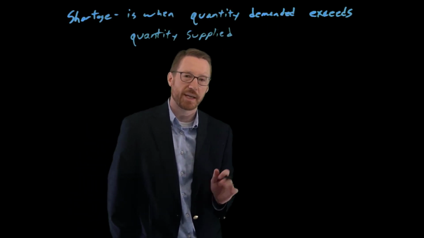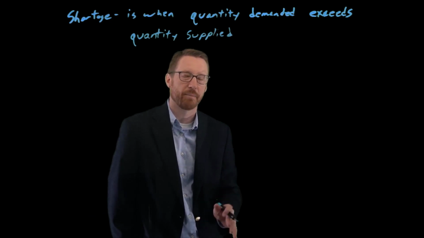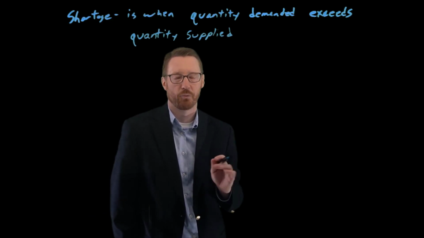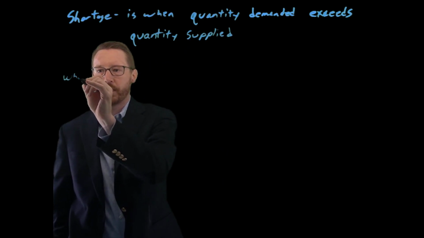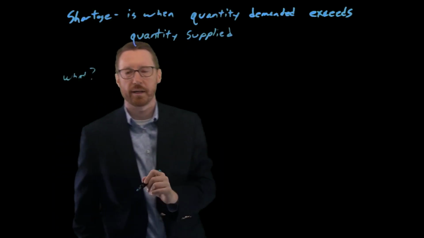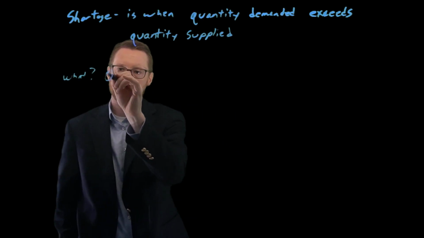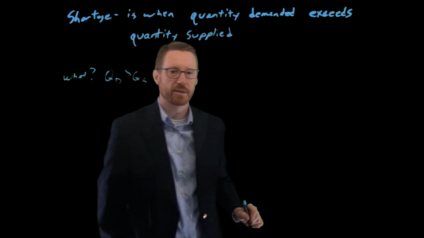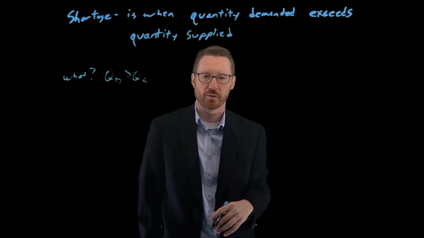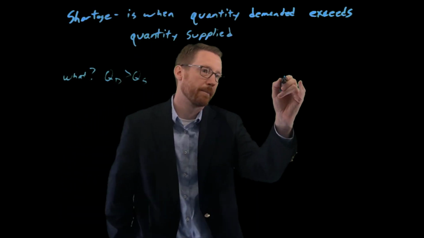So how can we see this in our supply and demand diagram? What causes it and what happens? So if we start out, what's our problem? What is a shortage? It's when our quantity demanded is greater than the quantity supplied. So what does this look like in a supply and demand diagram?